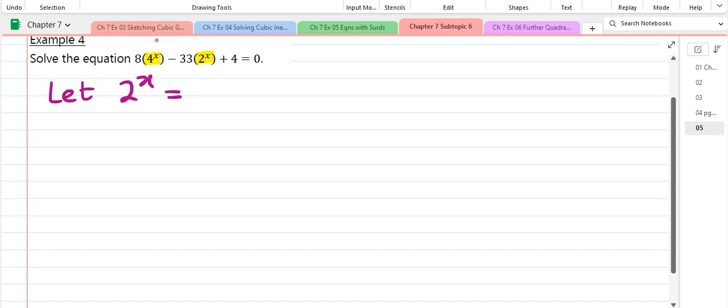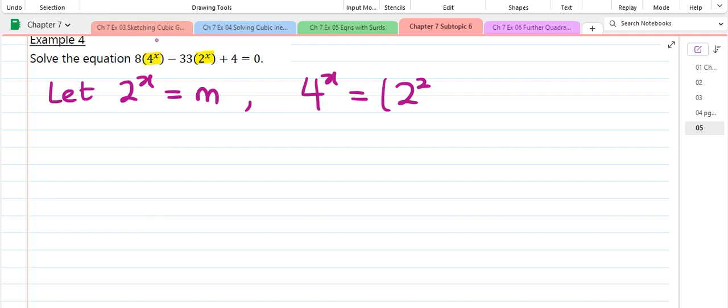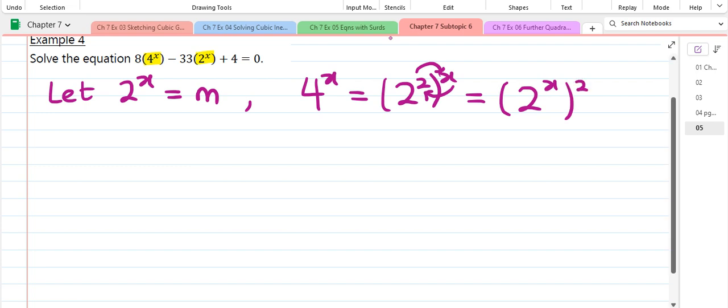Let's say I'll take m to be consistent. The 4 power x can be replaced with m, but you have to modify the 4. So 4 is 2 squared, and then the power x is still there. This one can be swapped, so you will have 2 power x, to the power of square.